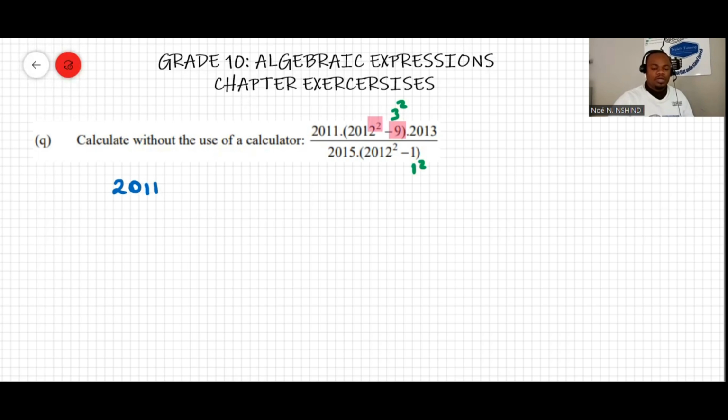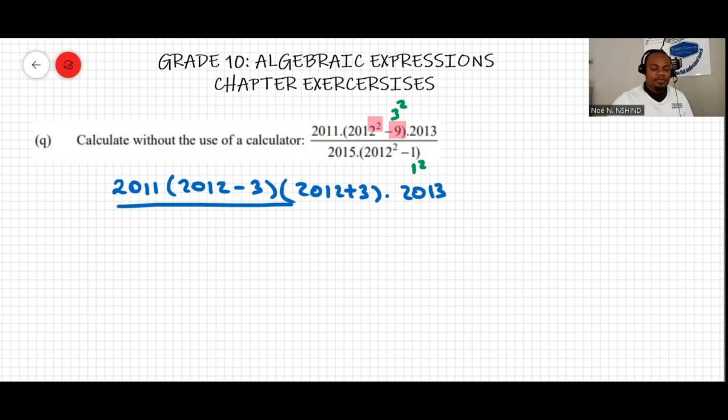So we can do 2012 minus 3 in the bracket like that, and then 2012 plus 3 multiplied by 2013, all over 2015 multiplied by 2012 minus 1, and then 2012 plus 1.